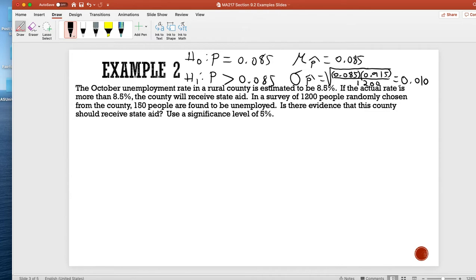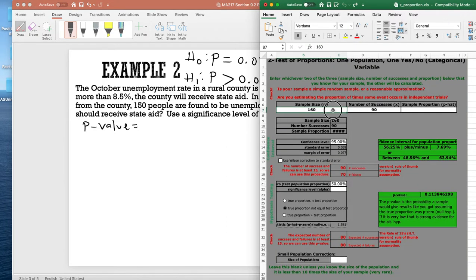Okay, and now we need our p-value. So if we put this into my template that I have here, we were given the sample size of 1200, number of successes of 150.